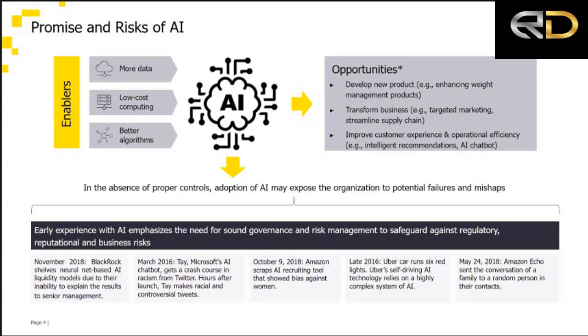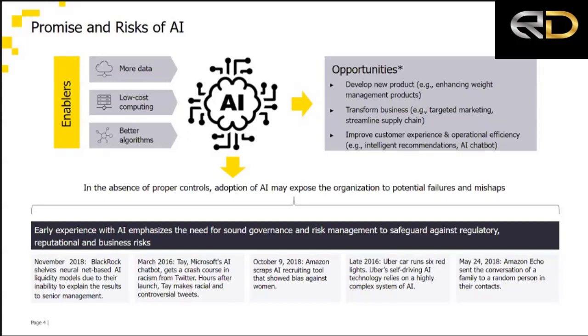These are examples from early experience with AI. In November 2018, BlackRock shut down their neural-based AI liquidity models due to their inability to explain the results to senior management.